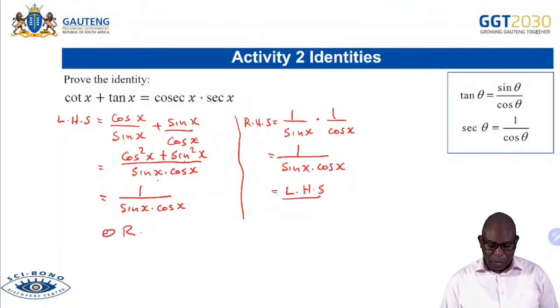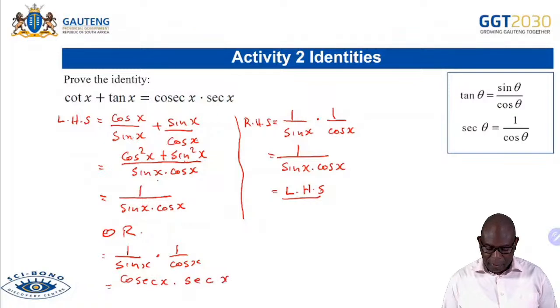Or I can break it down as 1 over sine x times 1 over cos x. And 1 over sine x is cosec. 1 over cos x is sec. And it will be the same as the left hand side, the right hand side. You see?